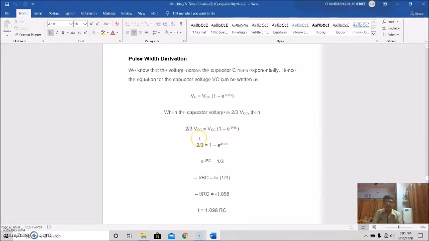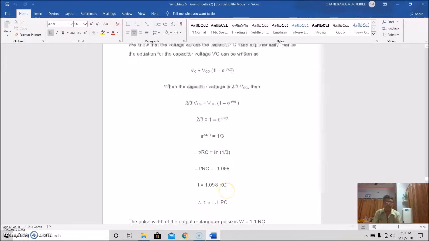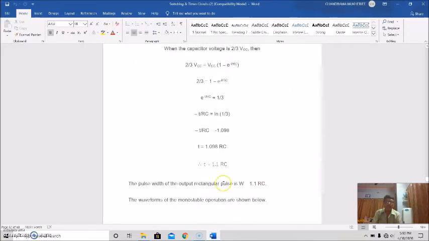If VCC is cancelled out from both sides, 1 minus e to the power minus t by RC should be equal to 2/3. So e to the power minus t by RC will be 1/3, and t will come to 1.098 RC. Approximately you can write it as 1.1 RC. So the pulse width of the output rectangular pulse is equal to 1.1 RC.